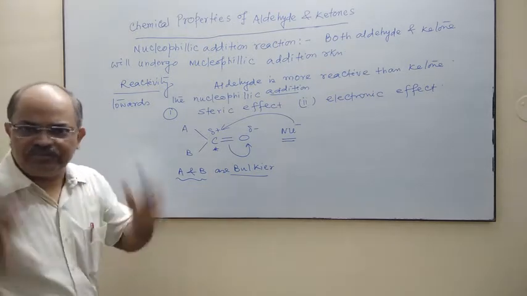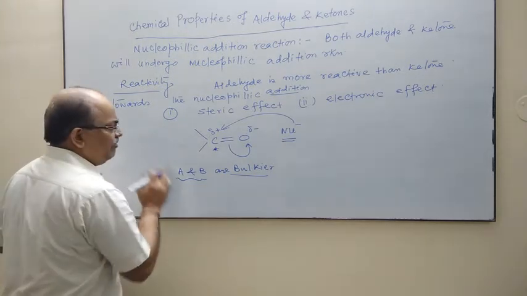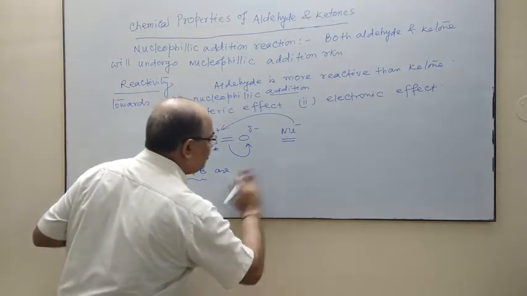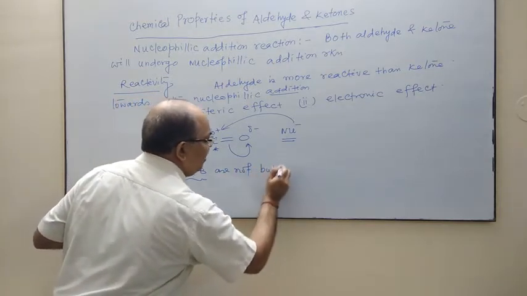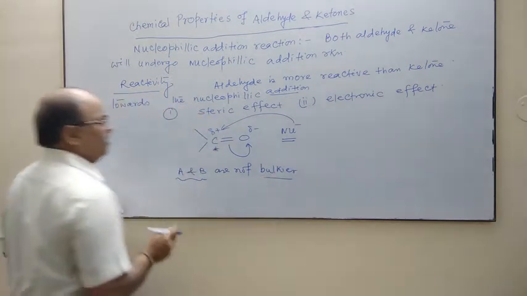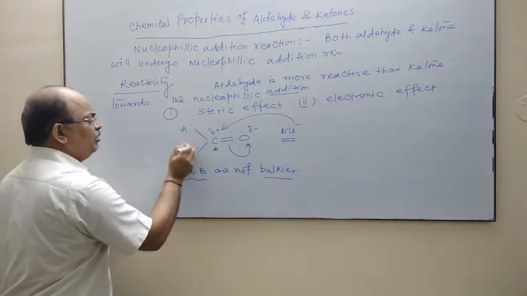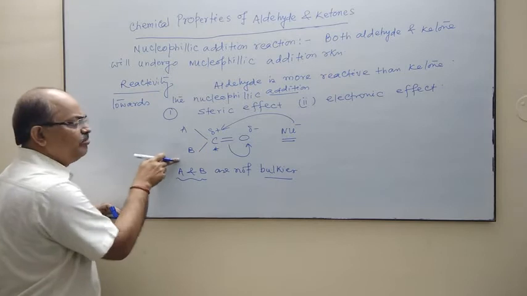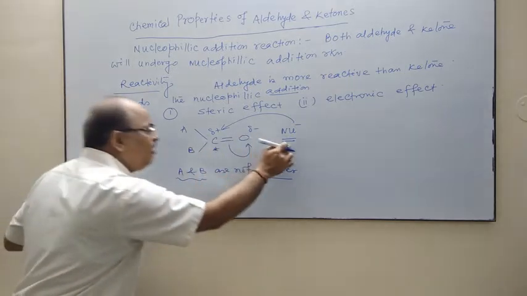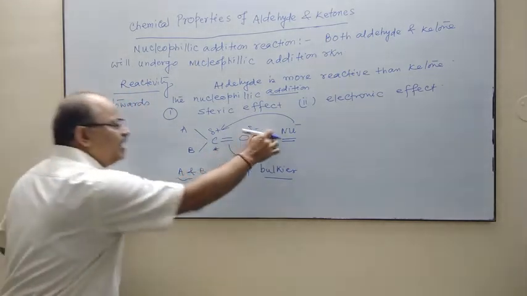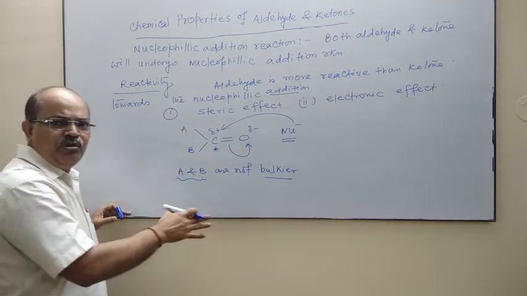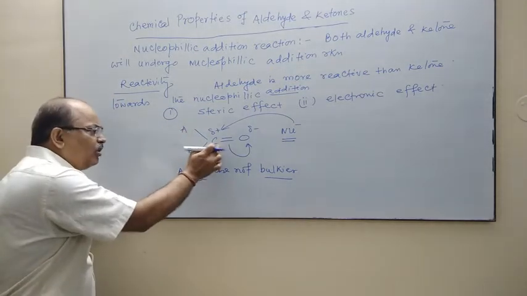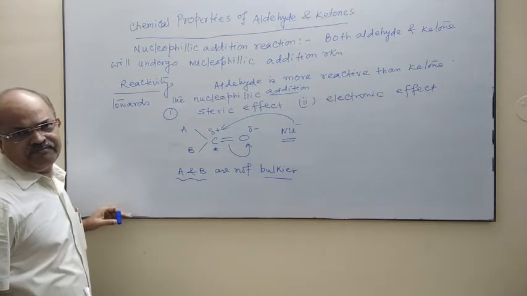But if A and B are not bulkier, then what will happen? They will not sterically hinder the attack of nucleophile. And in that case, the nucleophile will readily attack on this carbonyl carbon.